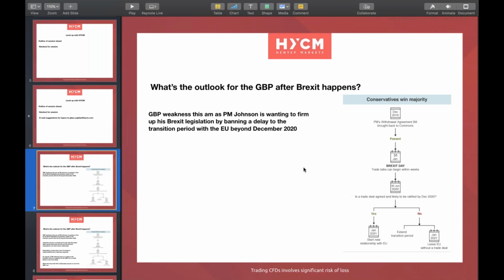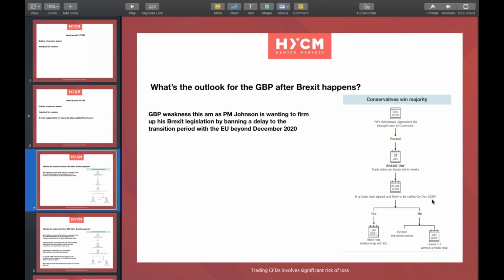And the big issue here with the pound is all to do with what relationship the UK would have with the EU after Brexit. So the 31st of January is Brexit Day. That is the day when Britain formally leaves the EU. They then have 1 year to agree a trade deal before December 2020.